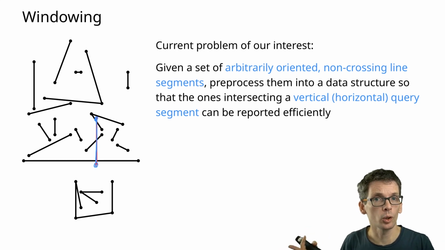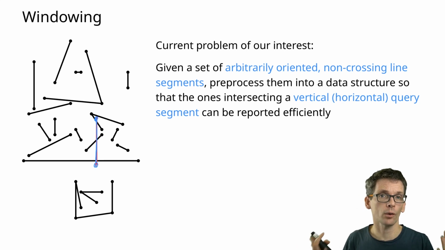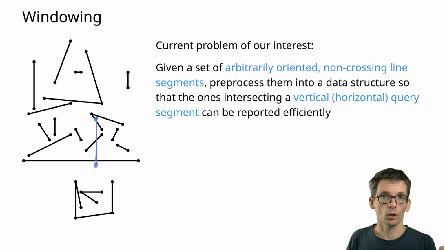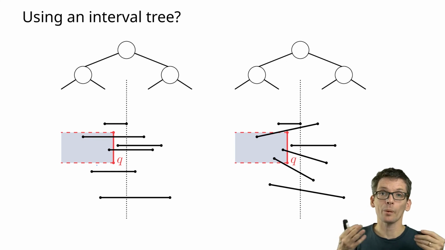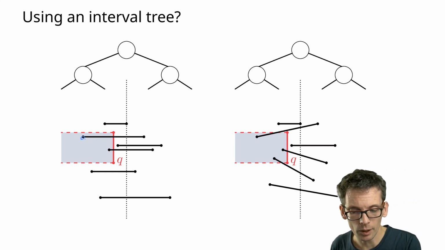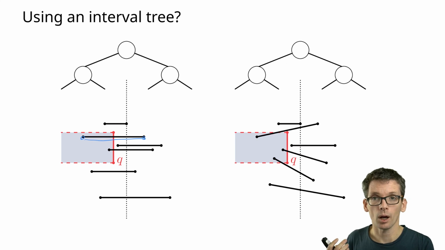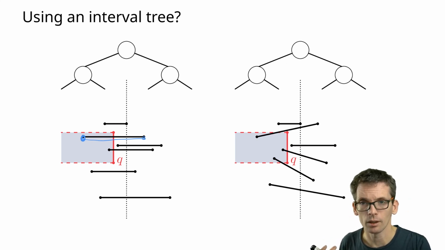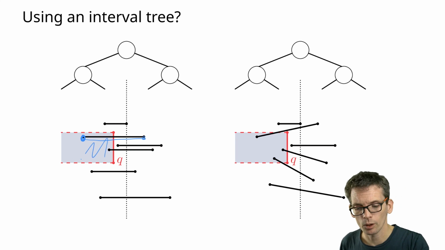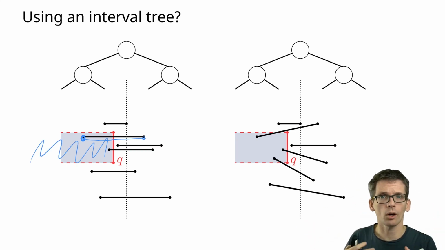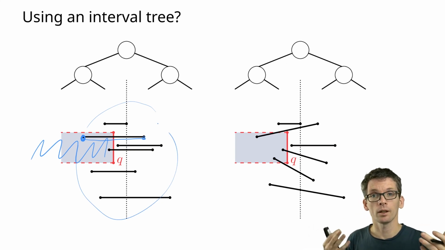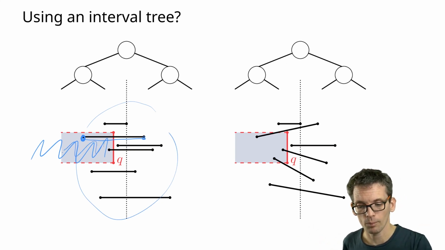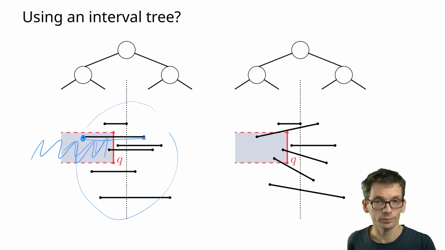So let's see whether we could use a solution that we had for axis-aligned segments. So can we use interval trees? For interval trees, what we relied on is that the segments that intersect the boundary actually have an endpoint in here. And in that way, we could build a 2D range tree or priority search tree on the endpoints and find the ones that have the endpoint in that region.